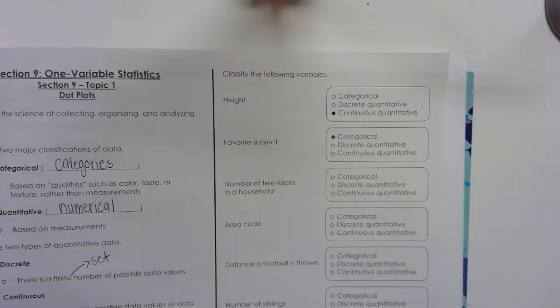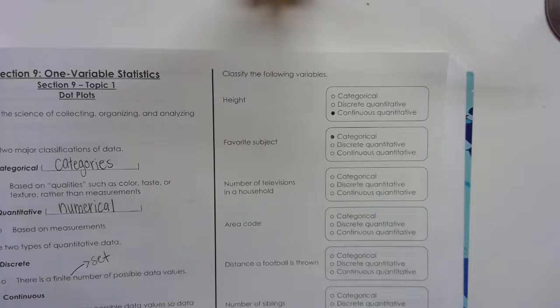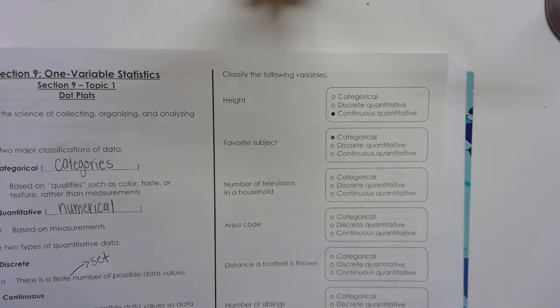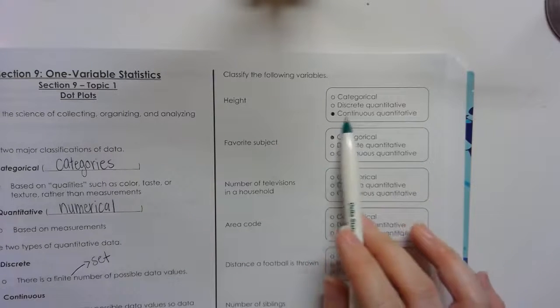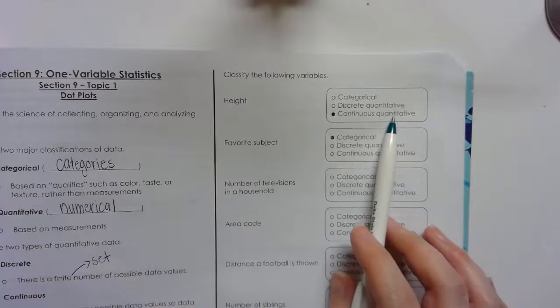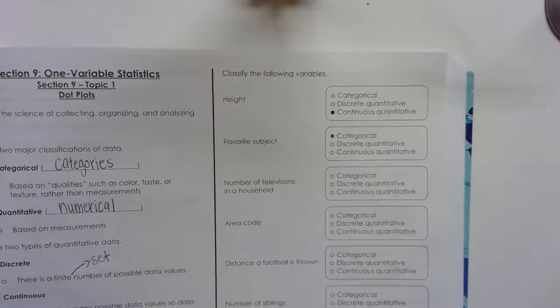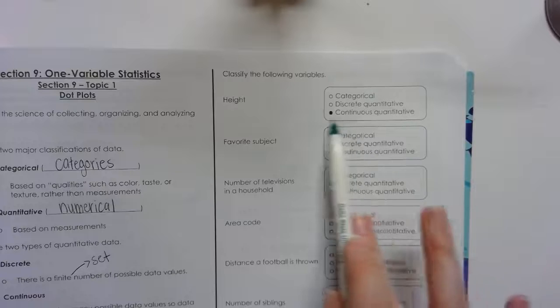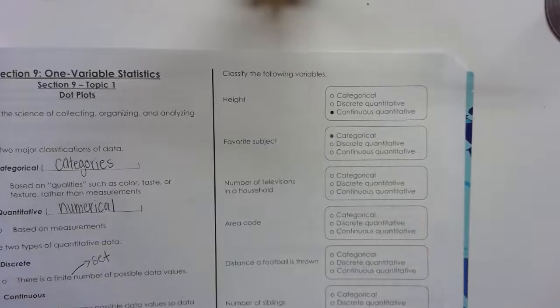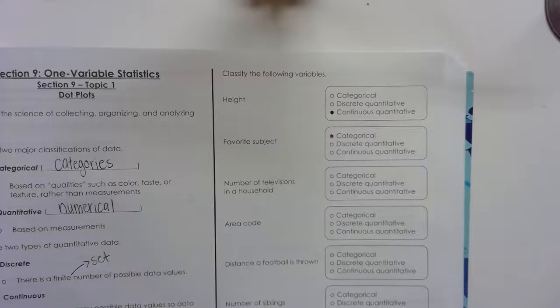And then number of televisions in a household. Now, you're only going to have a set number of televisions. You're only talking about one television, two televisions, and so on. Now, part of what makes height continuous quantitative is you can be 5.2 feet. You can be 5.3 feet. There are decimal numbers. You could be 5.25 feet. There are parts in between those whole numbers that you can have.